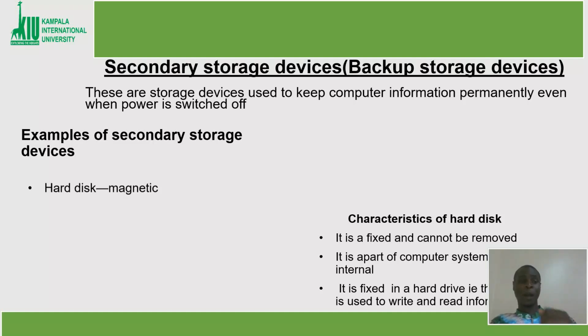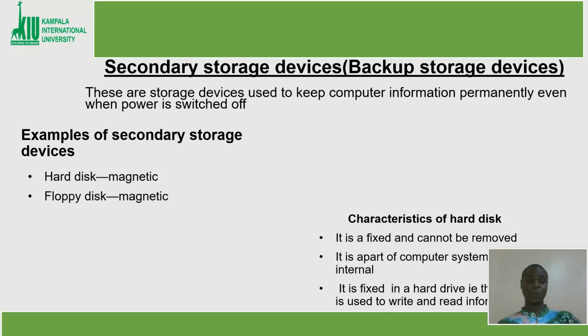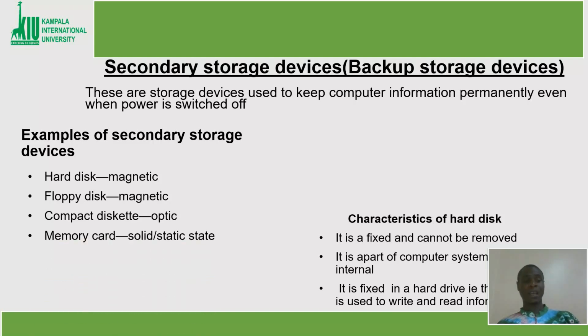Below it, I am going to give you examples of secondary storage devices. I am going to begin with the hard disk, which keeps its data using a magnetic field. The next one is floppy diskettes, which also use magnetic. Then we have compact diskettes, which use optical. The next one, we have memory cards.